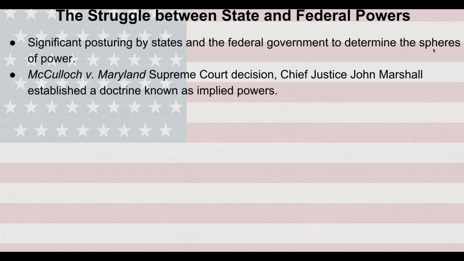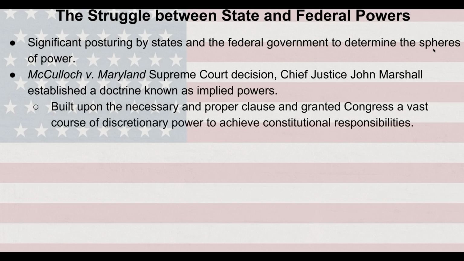But in this Supreme Court decision, Chief Justice John Marshall builds upon the necessary and proper clause, which, as you remember or should remember, establishes that the federal government could exercise whatever power is necessary and proper to carry out their functions. He builds upon it to grant Congress significant discretionary powers to achieve their constitutional responsibilities.